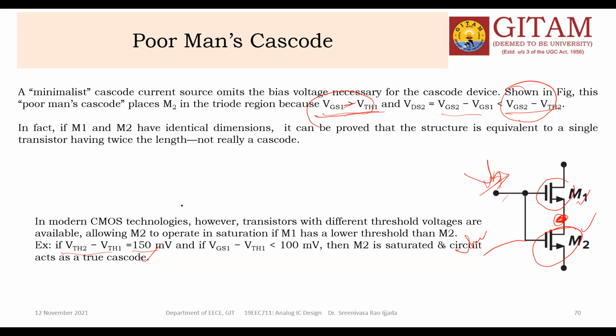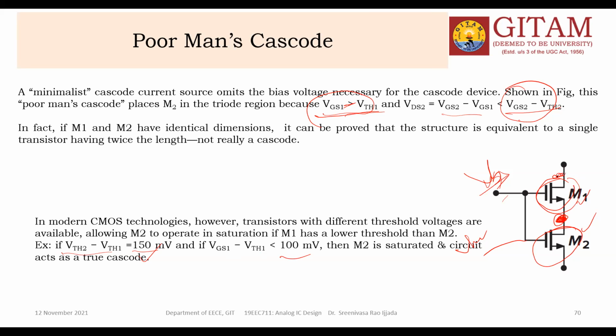If VGS1 minus VTH1, this potential, the overdrive potential of this device, is less than 100 millivolts, then M2 is in saturation and the circuit acts as a true cascode. M2 is in saturation because of this potential.